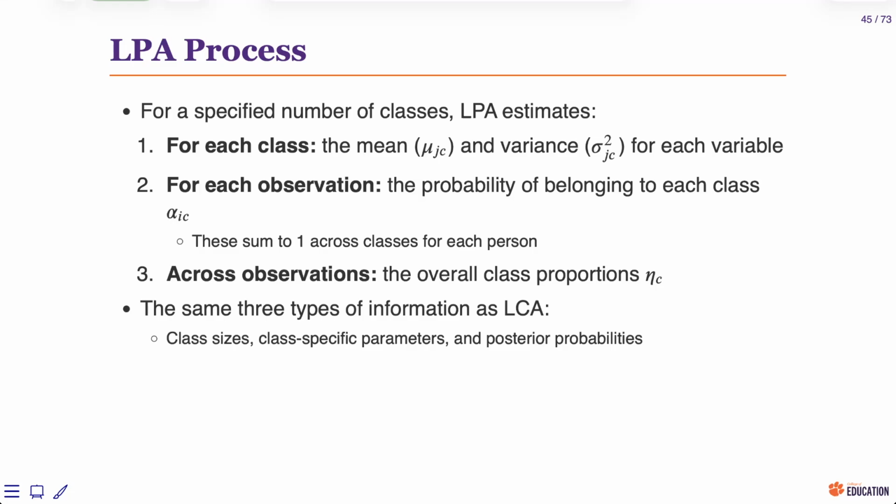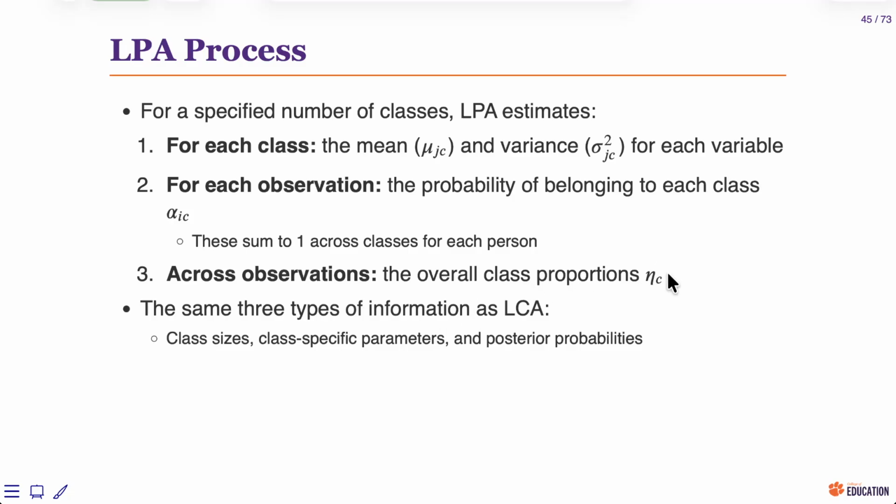So the process, again, is the same. For a specified number of classes, the latent profile analysis will estimate for each class the mean and variance of each variable. And for each observation, the probability of belonging to each class itself. And then finally, we also have the proportion of people in each class. There's the same types of information from latent class analysis.